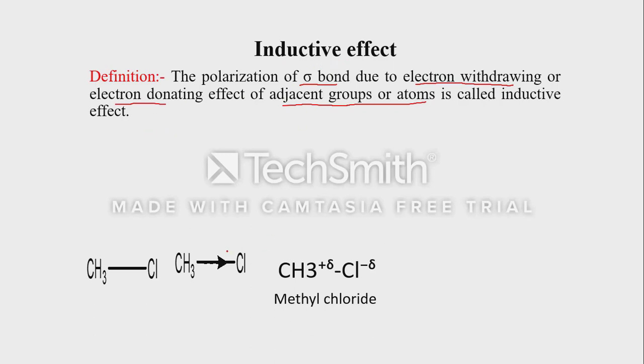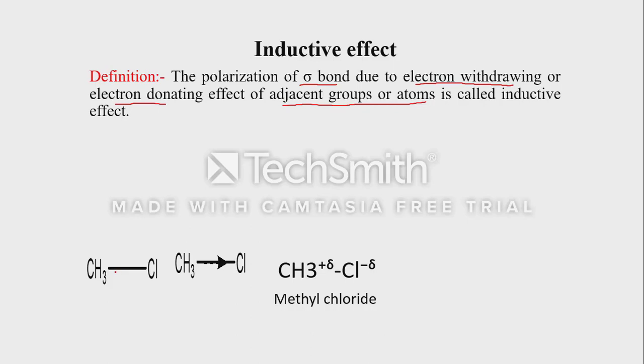An example of this is methyl chloride, or chloromethane. In that, these bonds are covalent bonds. A covalent bond is generally formed by two electrons, an electron pair.